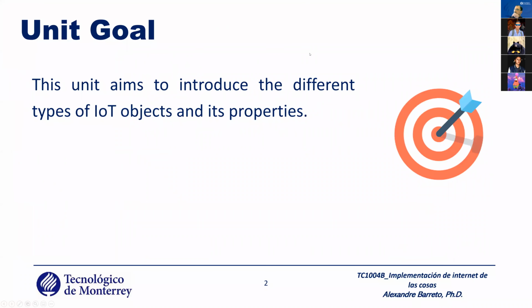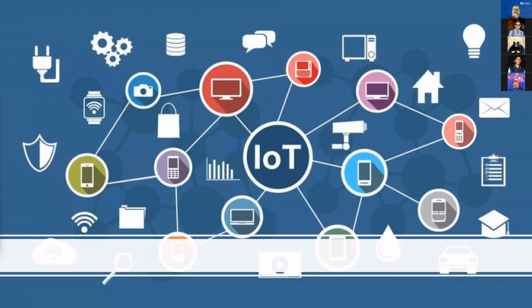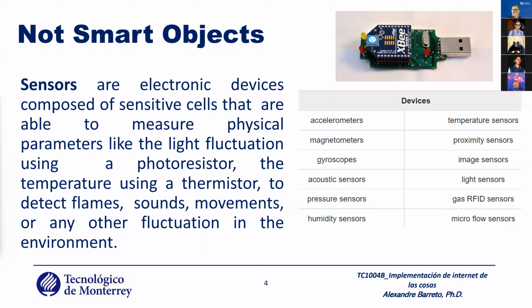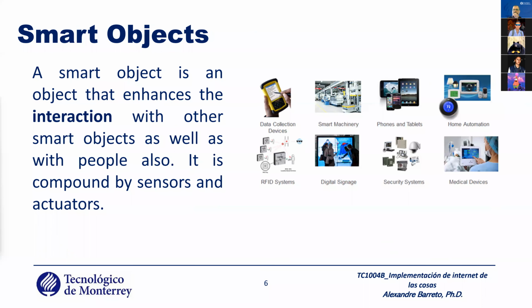Okay, so this unit aims to introduce the different types of IoT objects and their properties. Okay, the first topic is, what is a smart object? A smart object is the object that enhances interaction.